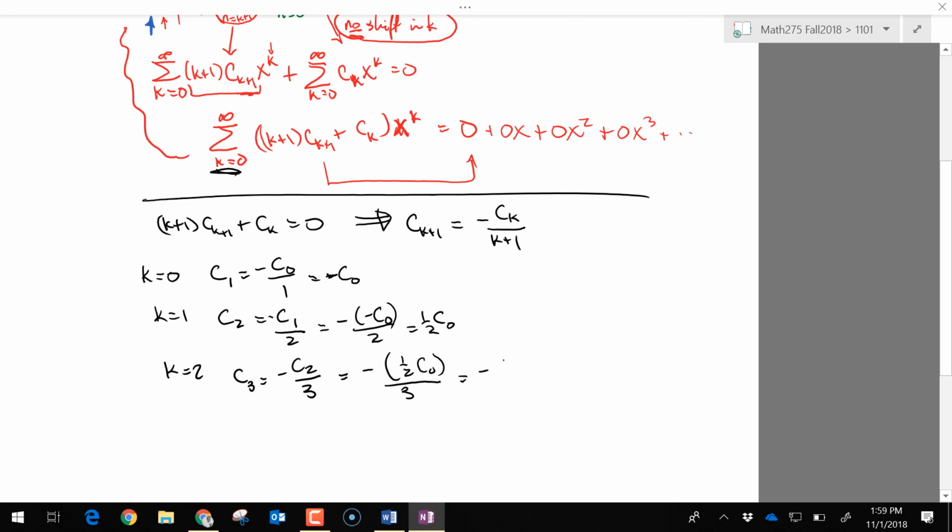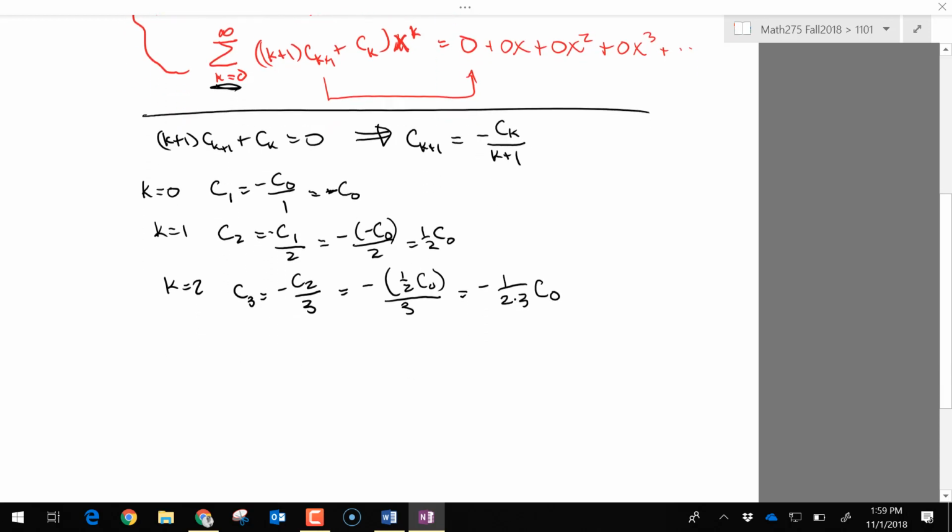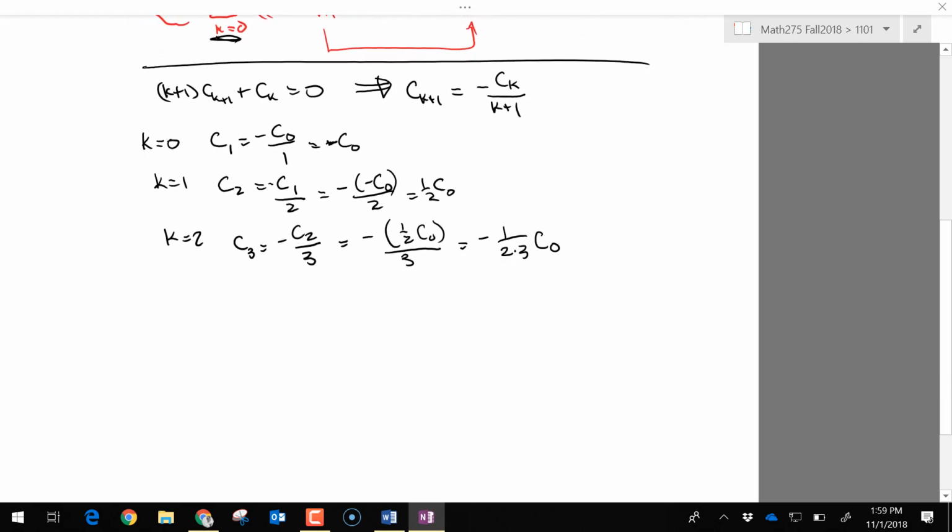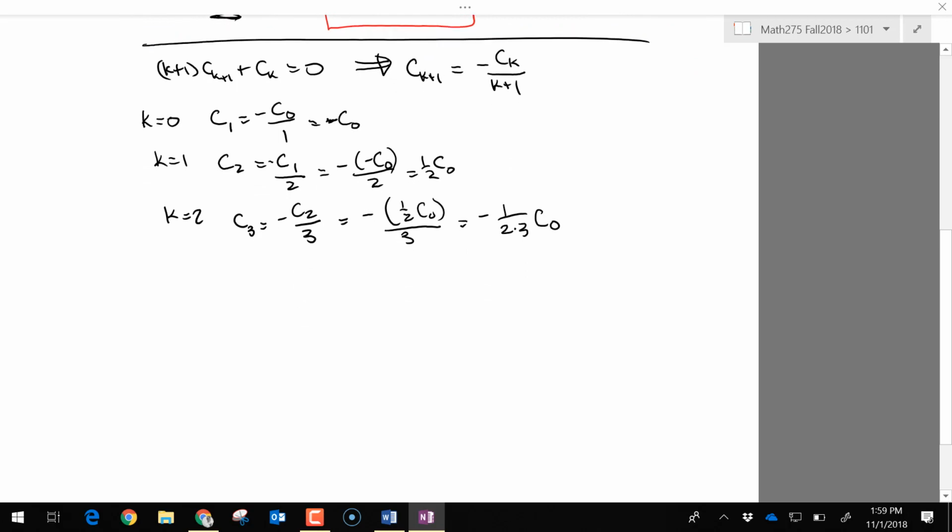So this is negative 1 over 6. Why don't I write it like 2 times 3 for now, until you find a pattern, or when they tell you how far you should go.